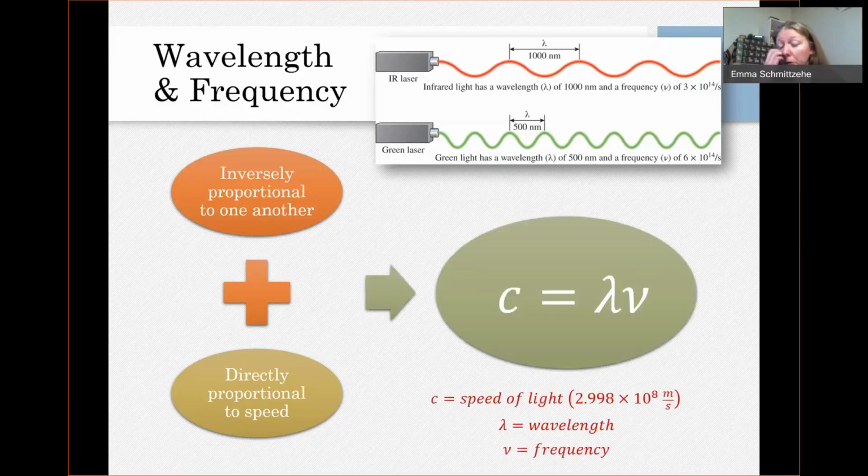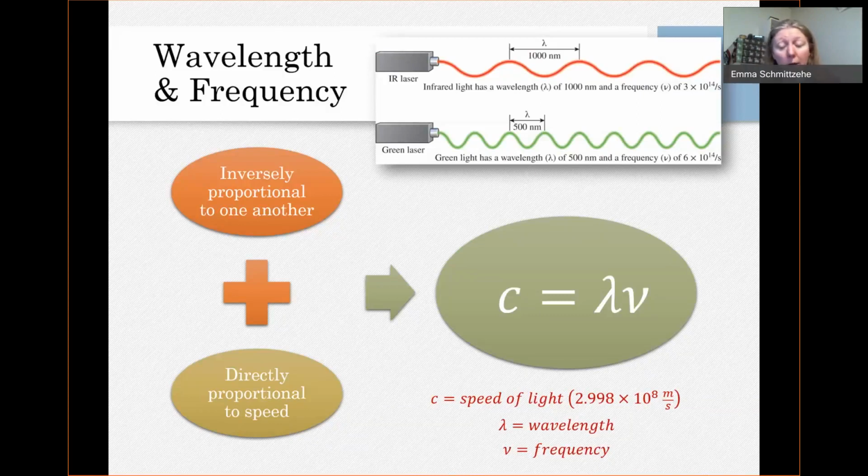And you can relate those by using this relationship, c equals lambda nu, okay? Where c is the speed of light, okay? Now, if you were talking about some other type of wave, c would be swapped out for the speed of whatever wave you're talking about. But we're going to be talking about light, so that is always c, which is equal to 2.998 times 10 to the 8th meters per second, okay?